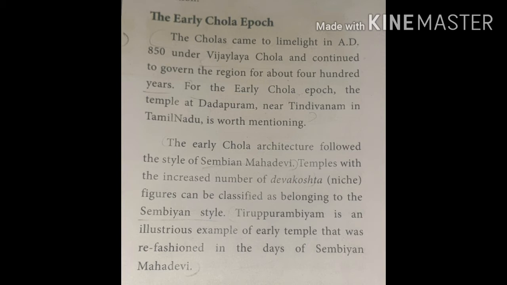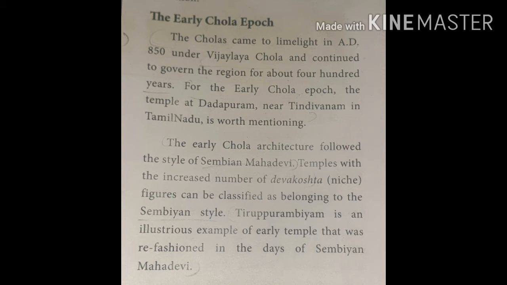Temples with an increased number of Devakoshta, that is niches, where any number of statues or figures can be placed in a particular place, are classified as belonging to the Sembian style.